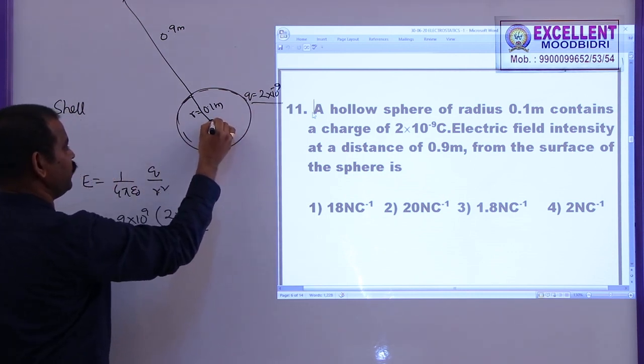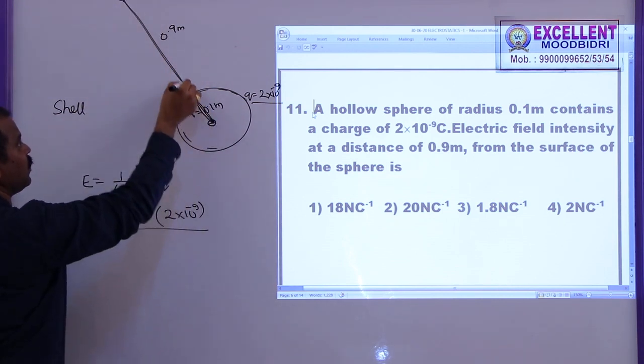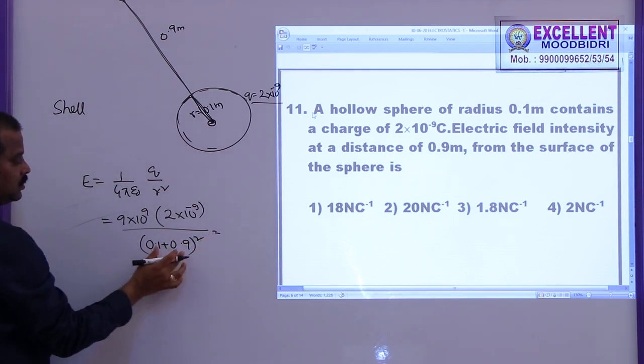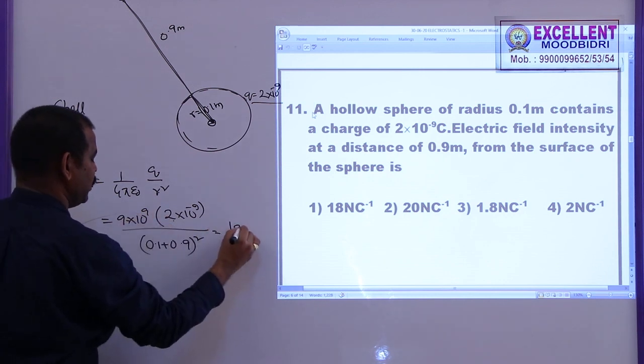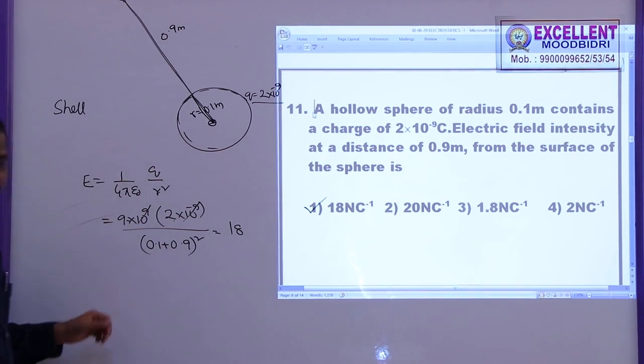So we take the distance from the center to this point, which is 0.1 plus 0.9 meter whole square, which is nothing but 1 square. So 9 2s are 18. This and this get cancelled. So option 1 is correct.